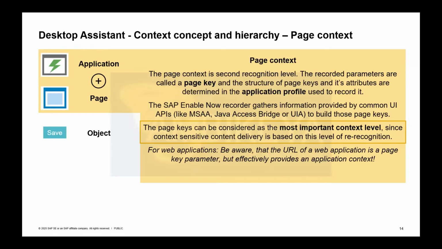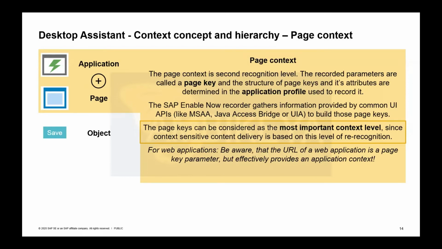Doing that, Enable Now receives that information from common user interface APIs, interfaces that are also, in most cases at least, used by screen readers for blind people to use computers. So the big story is, if a screen reader is able to deal with a certain application, most likely we are as well, to a certain level.